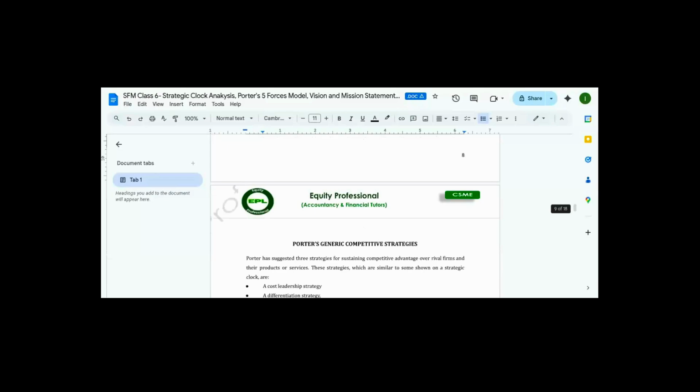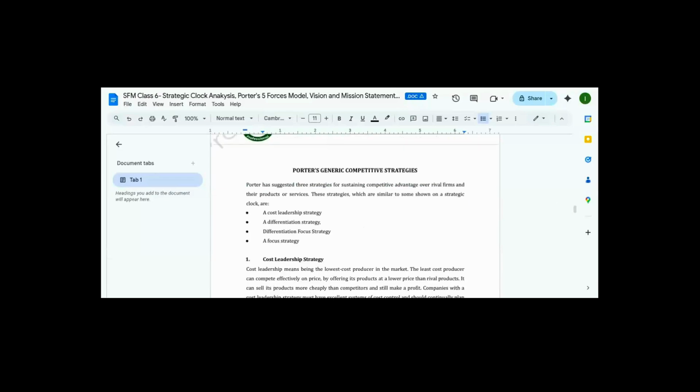So that's Porter's five forces model for you. The Porter five forces model is used to analyze industry attractiveness and above all to analyze the degree of competition in any industry. With the Porter five forces model, the ability to use the five forces to digest the level of competition, the attractiveness of the industry, and formulate strategy to cope is key to the survival of the company.